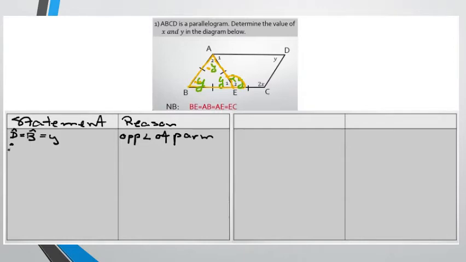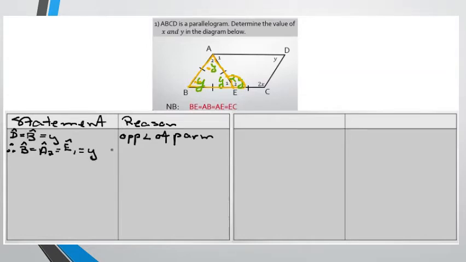Therefore, I can make the next statement. Angle B must then be equal to angle A2, which must be equal to angle E1, which must then be equal to y.